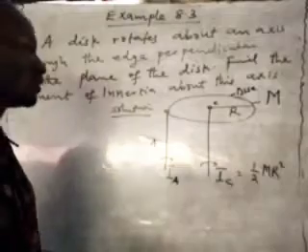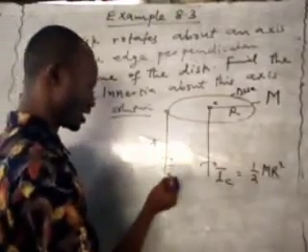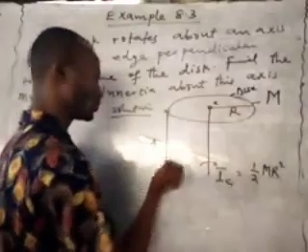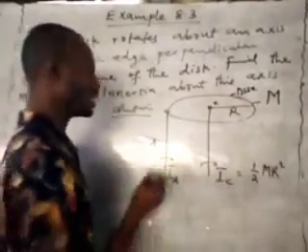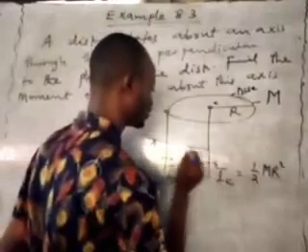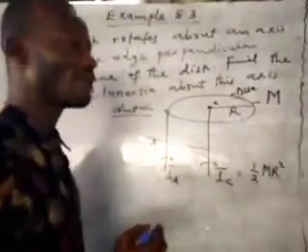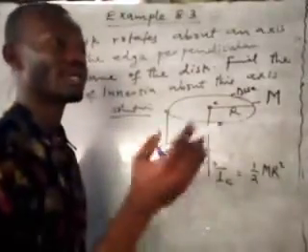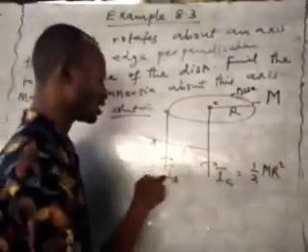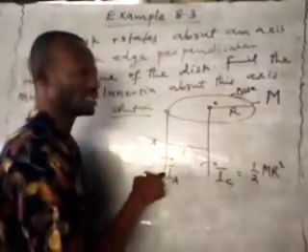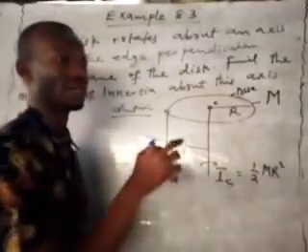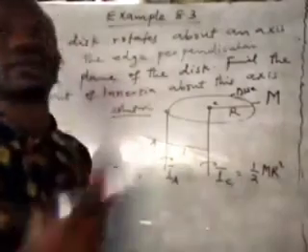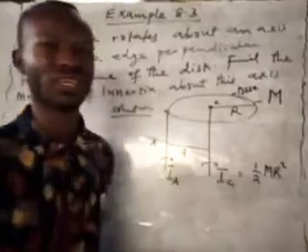But if you observe, this axis A and this axis through the center of gravity called C, these two lines are parallel, and they are separated by a distance of D. So based on the fact that the axis A and the axis C are parallel, we now have the right to find the inertia about this axis A by using the parallel axis theorem. Remember that if the two axes are not parallel, then the parallel axis theorem cannot be used.